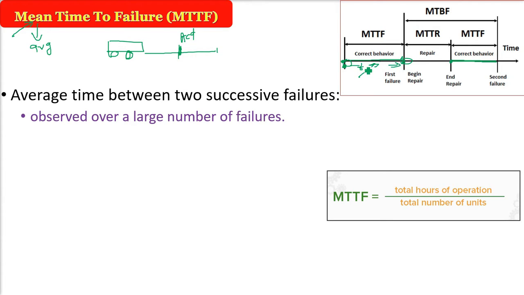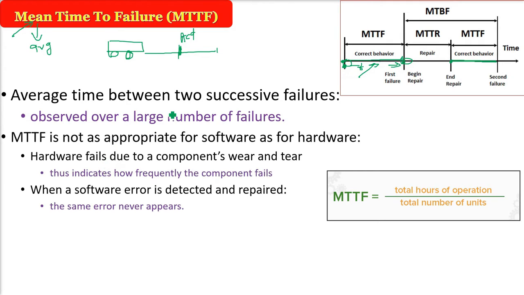Okay, so MTTF is not very appropriate for software, as these metrics are mainly made for hardware. You can just call it the total number of hours of operation divided by the total number of units. Hardware fails due to certain reasons, due to environmental conditions, due to wear and tear.